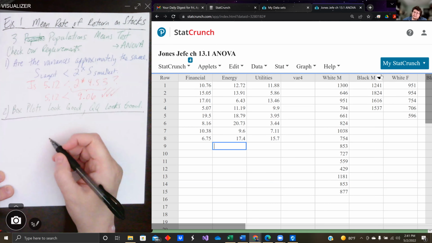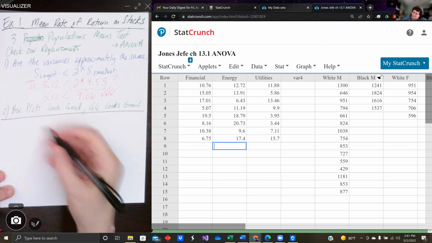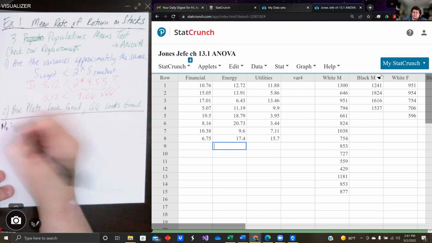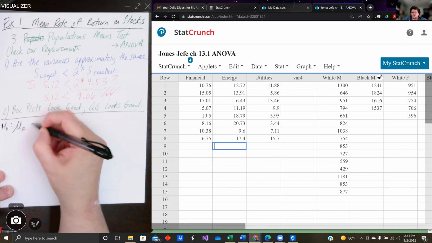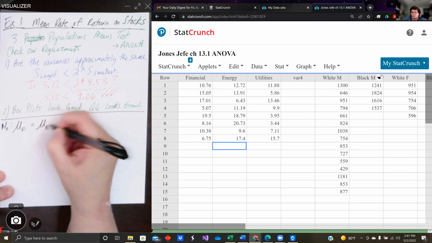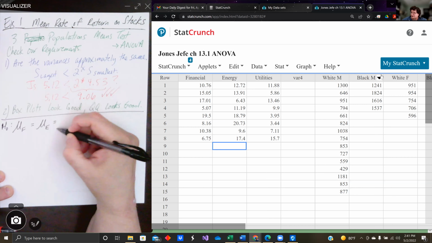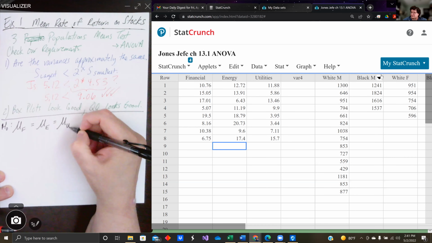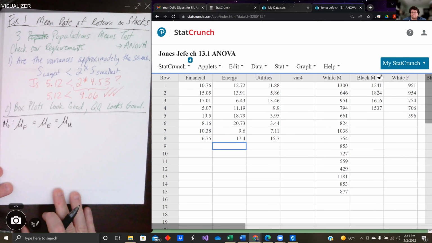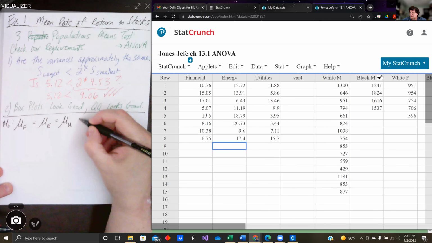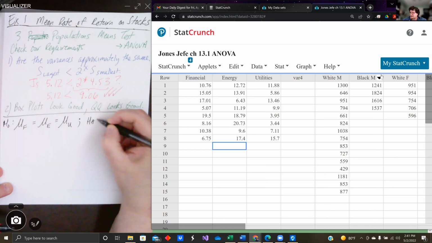So our test is H0. I'm going to say mean of financial equals mean of energy equals mean of utilities. I'm going with the first letter of the category. That'll be my H0. And then my HA is at least one mean is different.